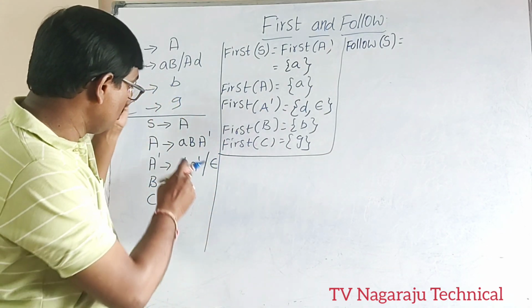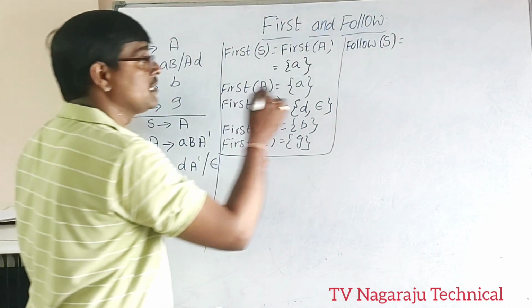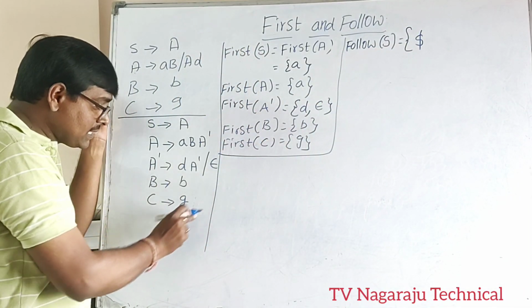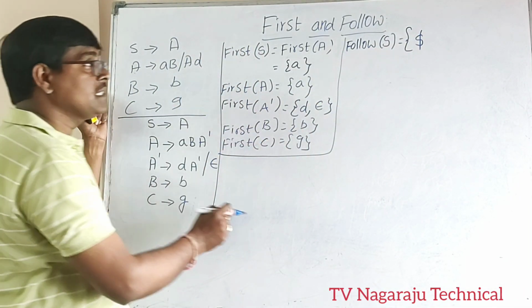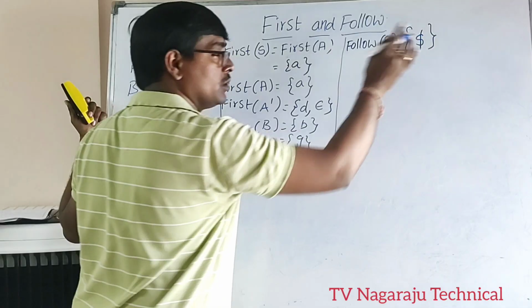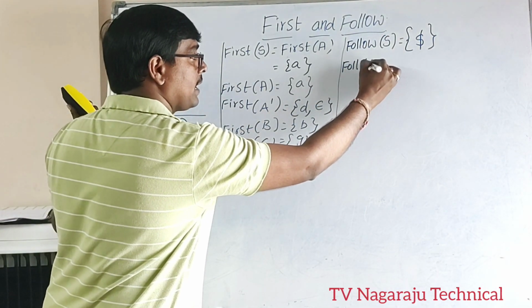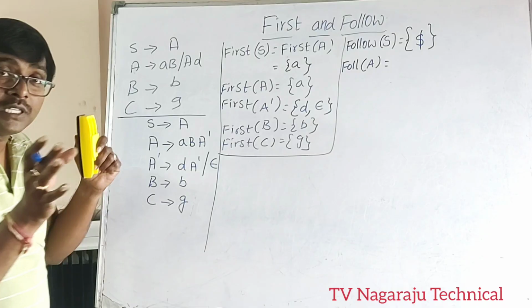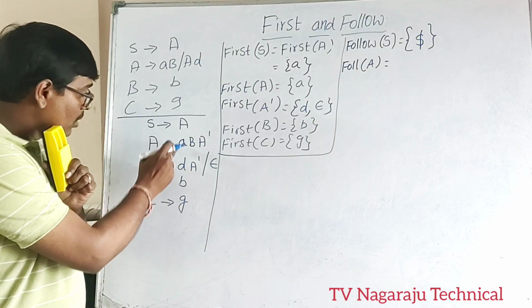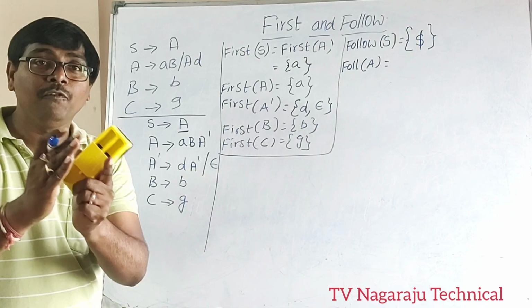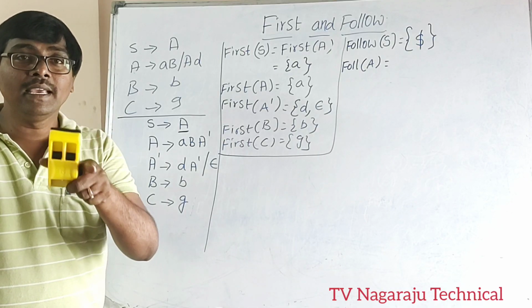Now the first one, follow of S. Remember, for the starting symbol we include dollar. Here S is the starting symbol, so we use dollar. Check where S is available. S is not available on any right side. Close. Now follow of capital A. Observe where A is available. On the right side, A is available at this production. After A, nothing is there.